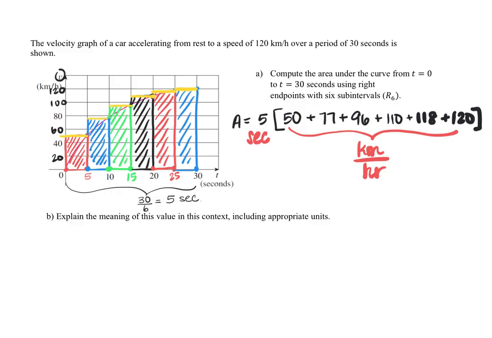So we do have a little bit of a problem here, because if we multiply seconds by kilometers per hour, these time measurements are not going to divide out, because we're not measuring in the same unit of time. So we need to pause before we make this computation because our units are not going to work out. Rather than changing my kilometers per hour into kilometers per second, I'm going to choose to convert my seconds into hours. So let's do that next.